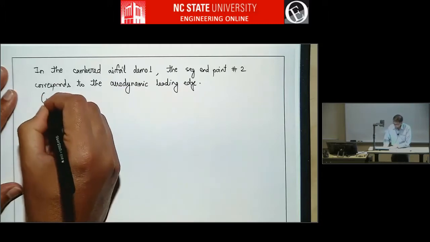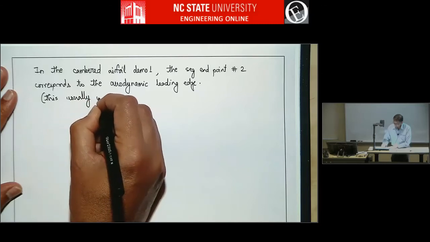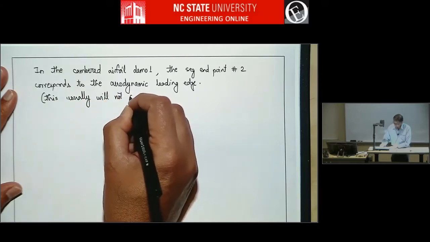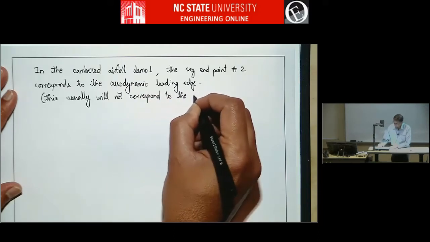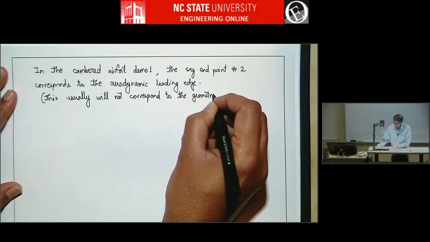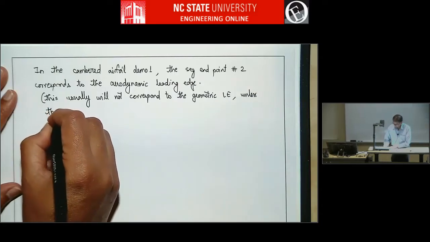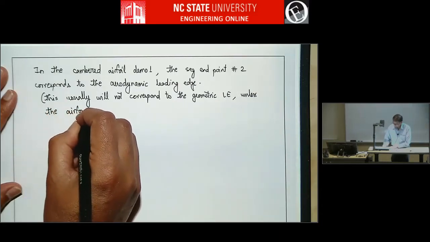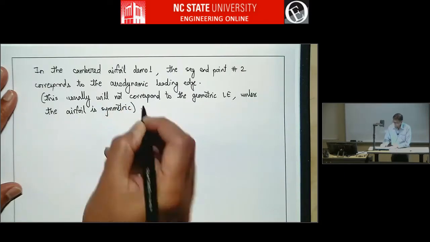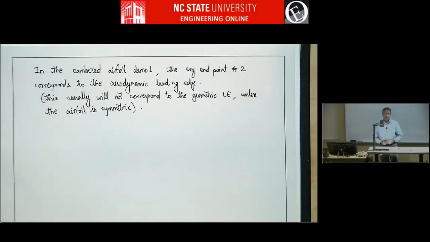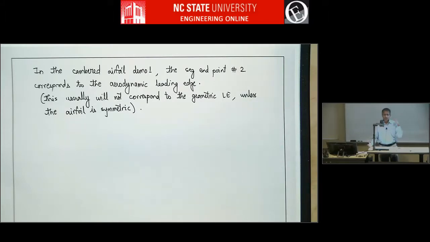So unless the airfoil is a symmetric airfoil, this endpoint 2 will not correspond to 0, 0, right? 0, 0 is the geometric leading edge.